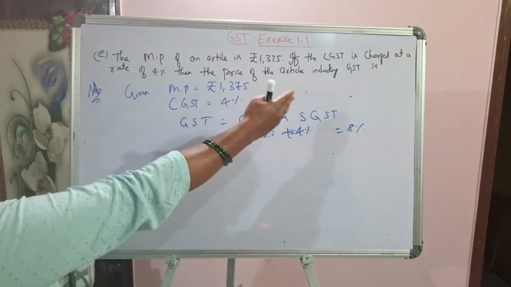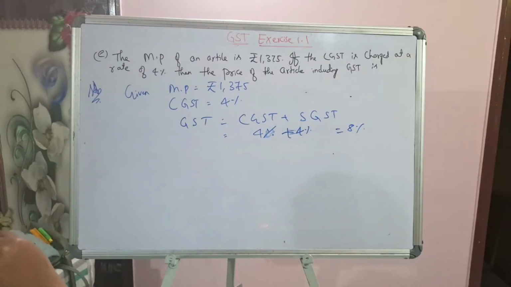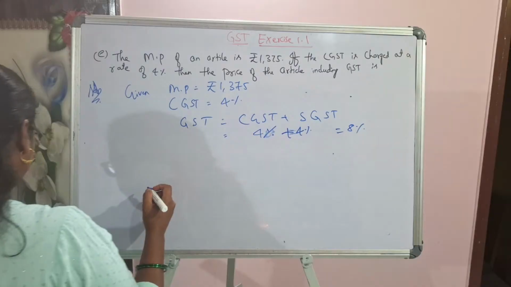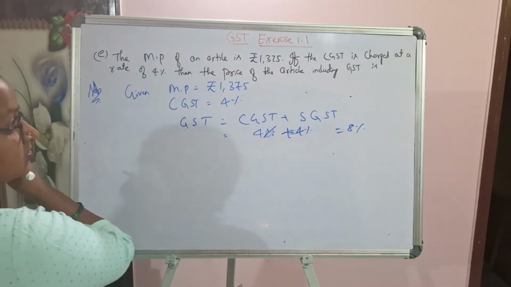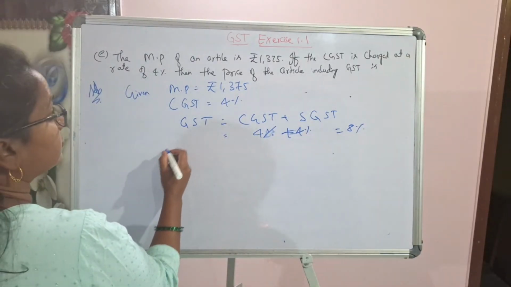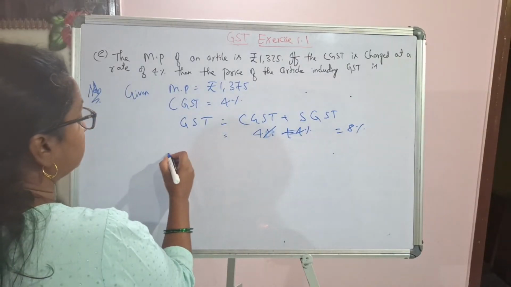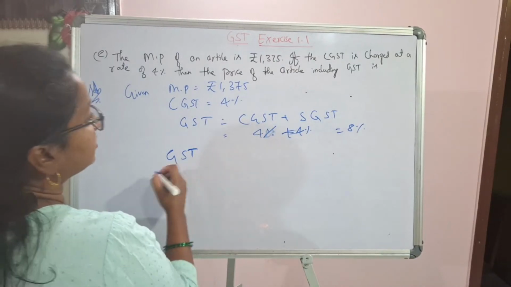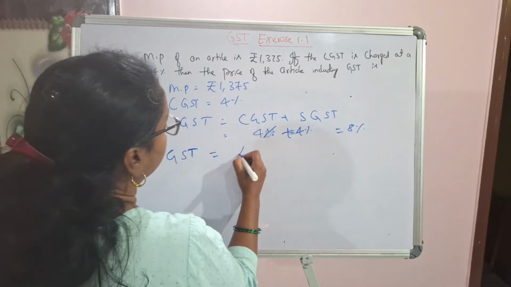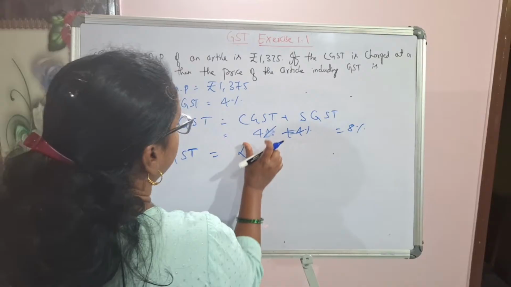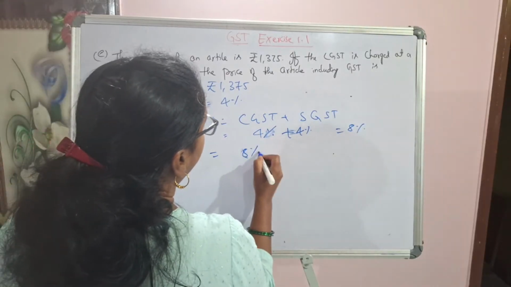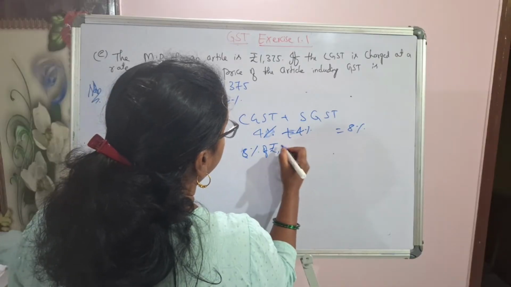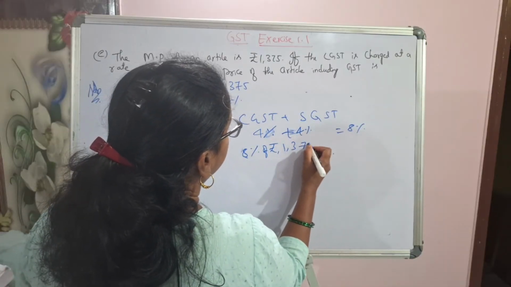Now we have to calculate the price of the article including GST. First we have to calculate the GST amount, that is GST is equal to 8% of rupees 1375.